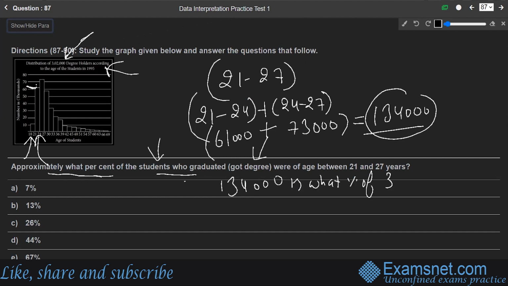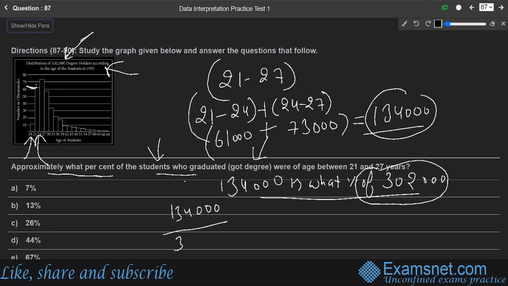So 1,34,000 is what percent of 3,02,000. Whatever appears after 'of' becomes the denominator. So the denominator becomes 3,02,000, into 100%. This is how we can solve this.